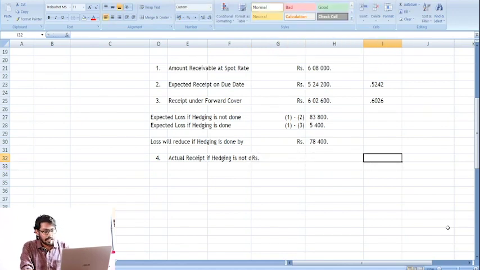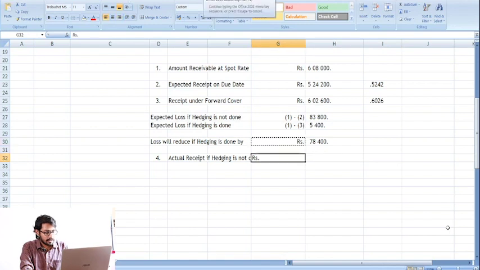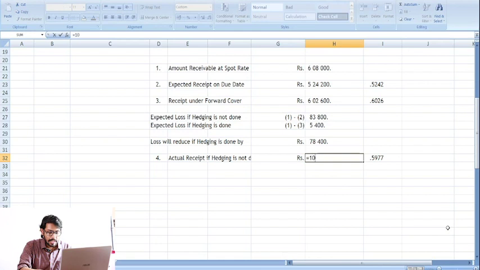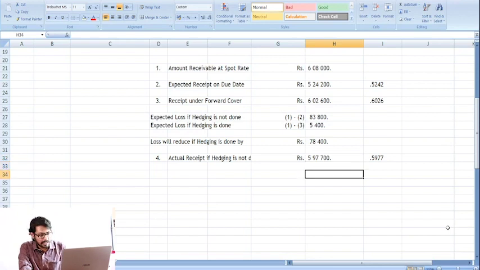So the rate I think is 66.25 and 110.85. You will get the cross rate as 66.25 divided by 110.85. You will get 0.5977. 10 lakh into 0.5977 is 5,97,700.